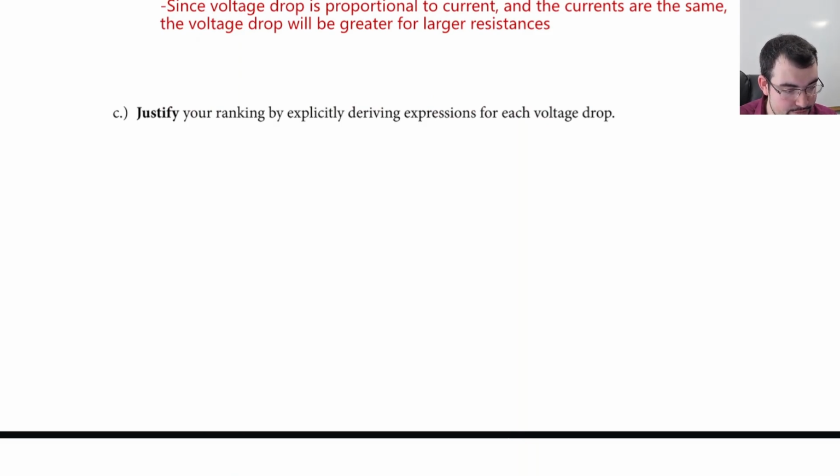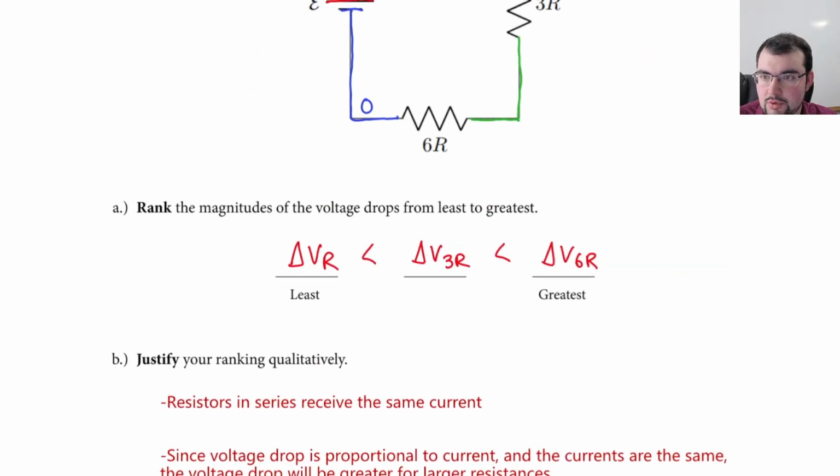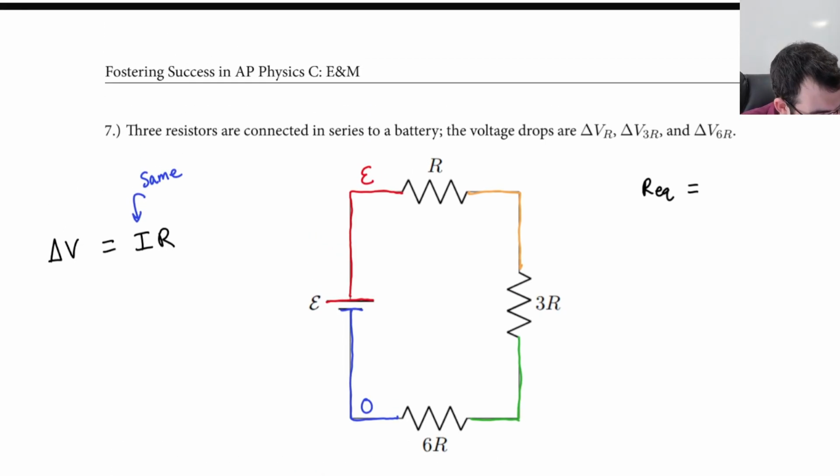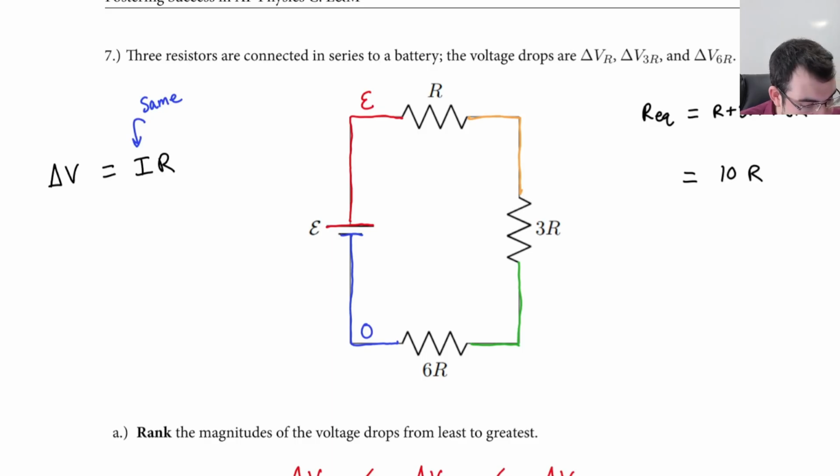Now let's do it. So we said that when analyzing series circuits, we want to find REQ. So REQ is quite simple, right? REQ is just going to be R plus 3R plus 6R, which is a conveniently nice number, 10R. Okay.